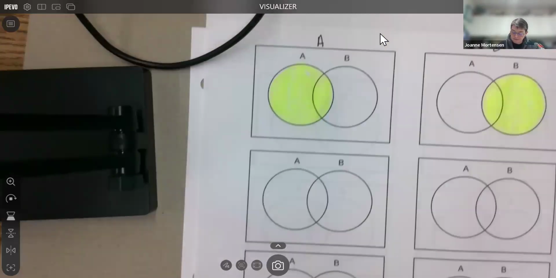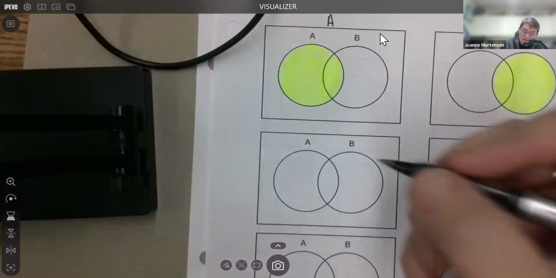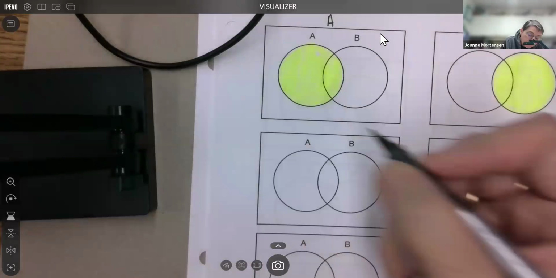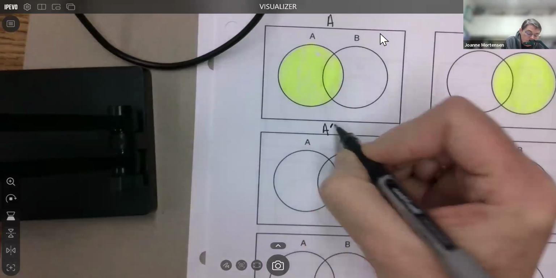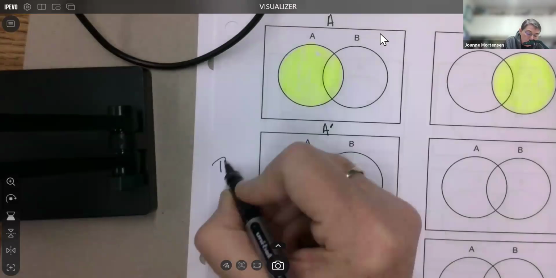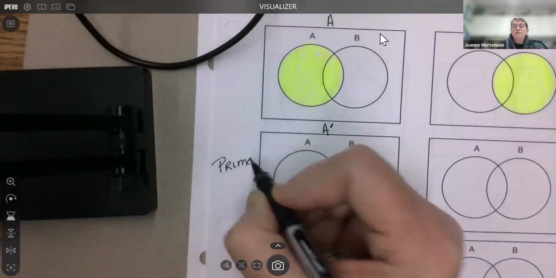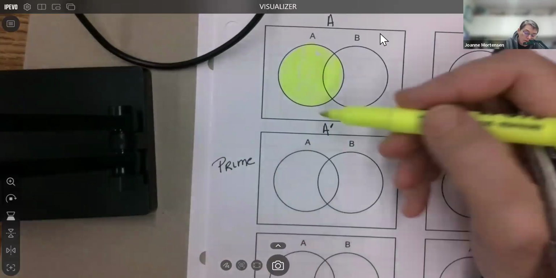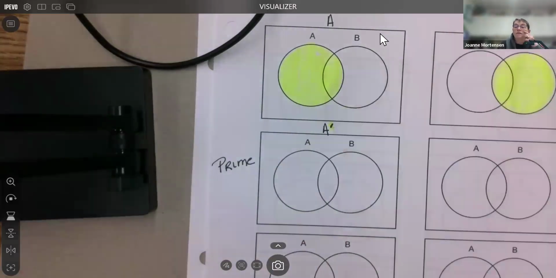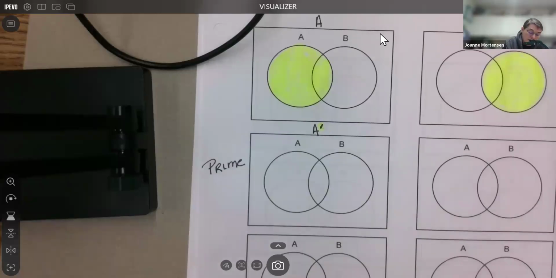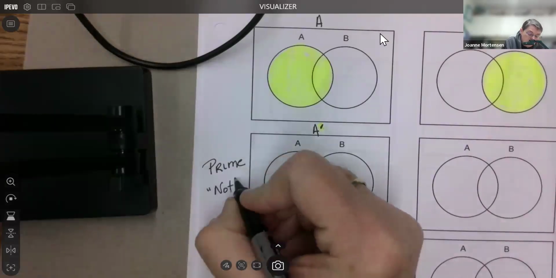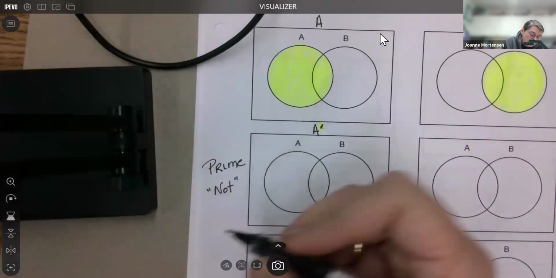Now we're going to talk about the next one. I'm going to put it beside, no, I can write it there. I will write prime here. So that little symbol, which looks a little bit like an apostrophe, but not because it's math class, we call it prime, and it means not, or it means everything but.